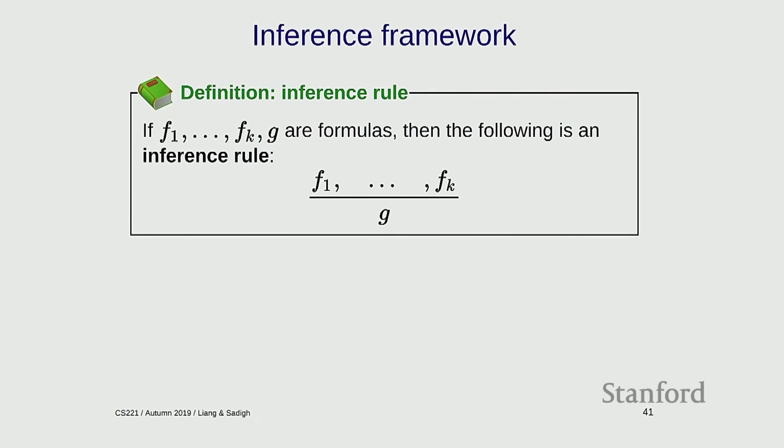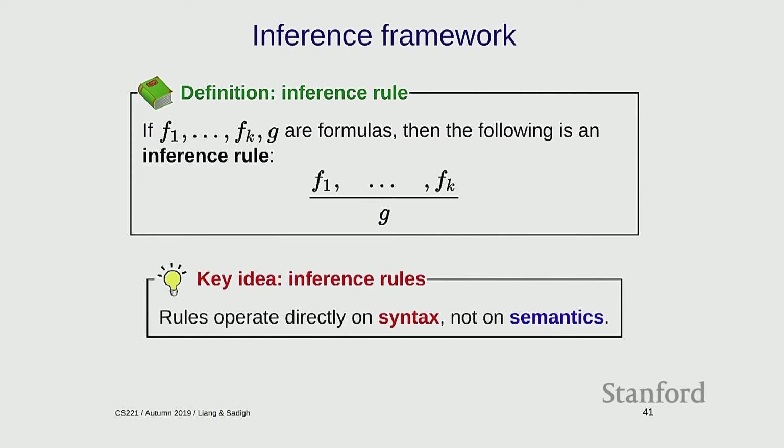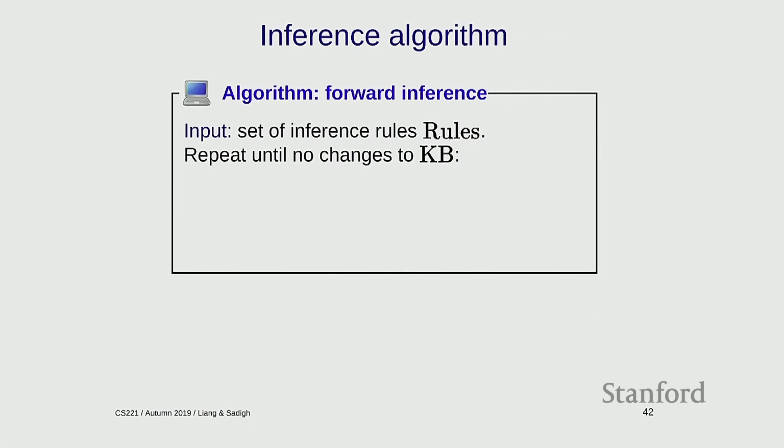Okay, so this is the example of an inference rule. In general, the idea of an inference rule is that you have rules that say, if I see F1 through Fk, which are formulas, then I can add G. And the key idea, as I mentioned before, is that these inference rules operate directly on the syntax and not on the semantics.